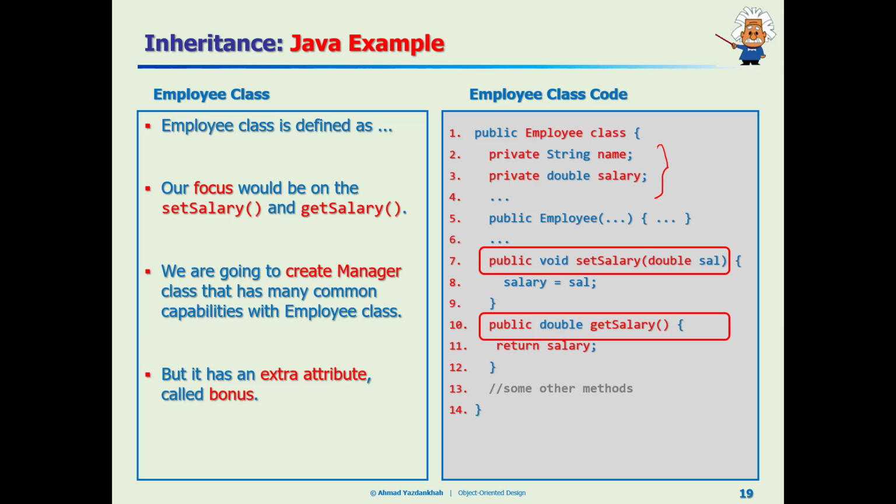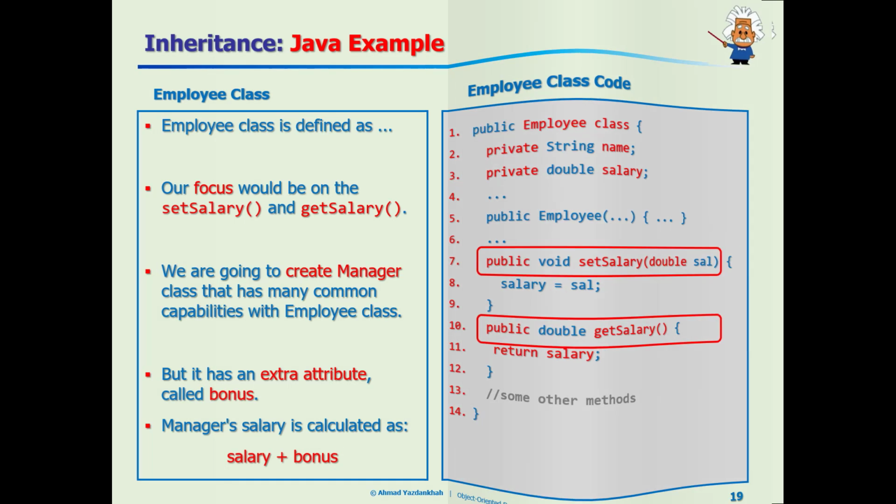So it's an extra attribute. Also, we should note that their salary is not just the salary that we initialize in the Employee class. We need to add the bonus to their salary as well.